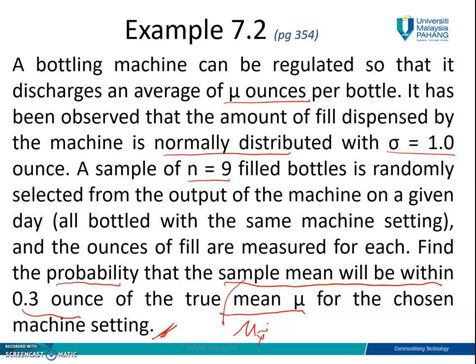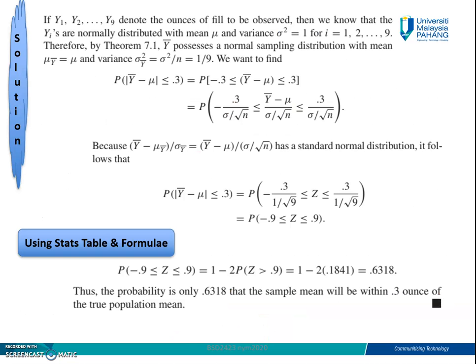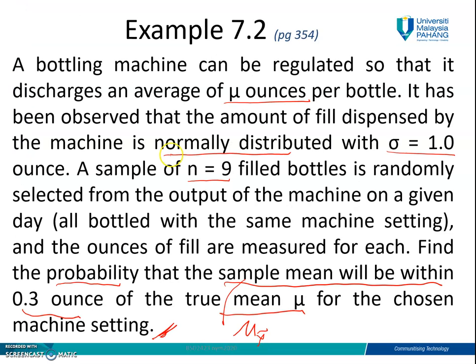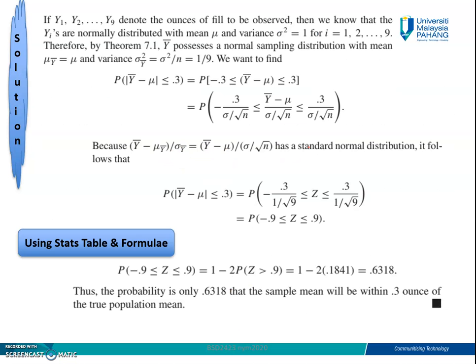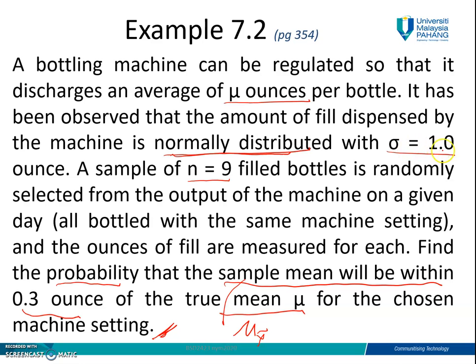So how is it? You know that you have sample size equal to 9, so you have y1, y2, up to y9, the observed ounces of fill. Then you know that y follows a normal distribution, with mean equal to mu and variance equal to 1, because it is mentioned here that sigma is 1, and if you square it, you still get 1.